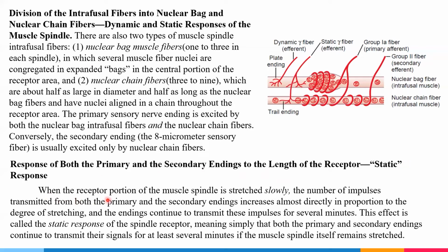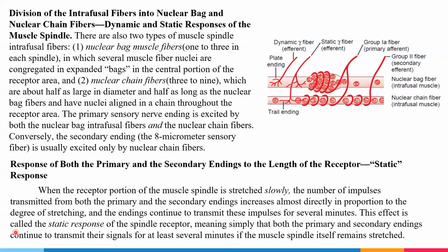When the receptor portion of the muscle spindle is stretched slowly, the number of impulses transmitted from both the primary and the secondary endings increases almost directly in proportion to the degree of stretching, and the endings continue to transmit these impulses for several minutes.